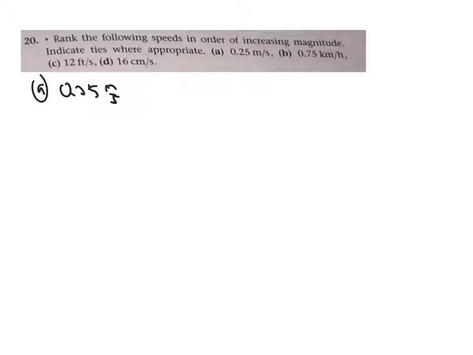And then B is 0.75 kilometers per hour, but I need to convert, so I'll say, well, every 1 kilometer is 1,000 meters. And again, I do that because I want to cancel out the kilometers eventually.